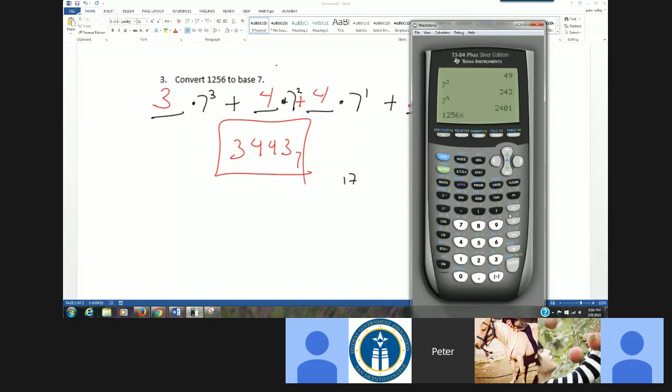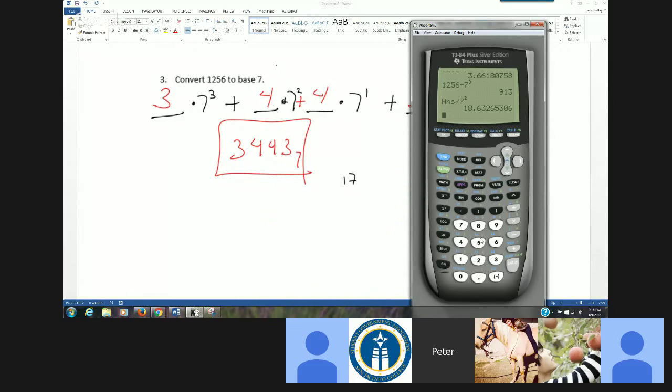So if I take 1256 divided by 7 cubed, it goes in there 3 times evenly with a remainder left over. So then I want 1256 minus 7 cubed, and that leaves me with 913. And so then I want to see how many times does 7 squared go in there, so divide that by 7 squared.